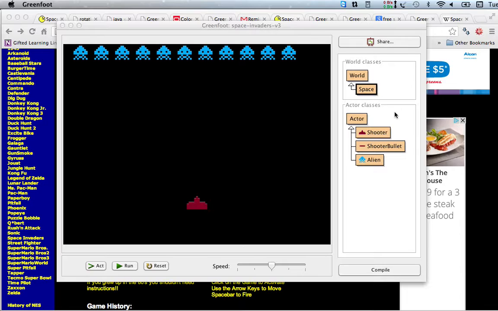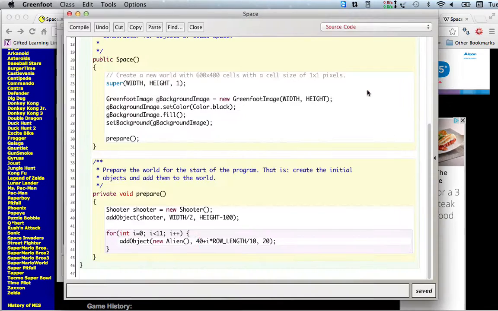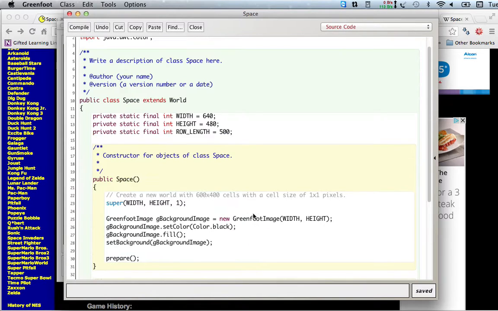But really what we're doing, if you think about it, is we're getting this row length of 500 and we're centering it on the width. So the way to figure it out would be, if we take 640 minus 500, that gives us 140. So the difference between the width of the screen and the row length is 140.